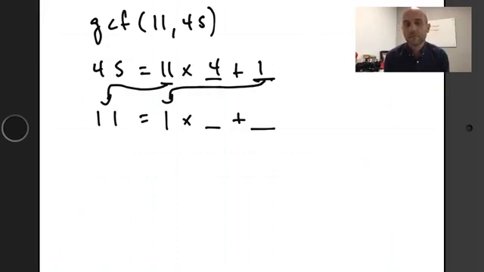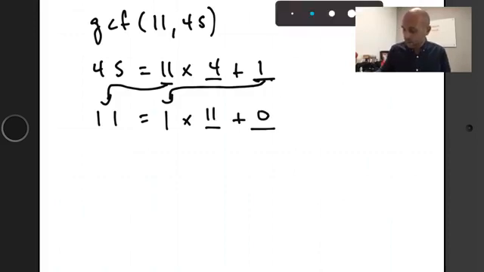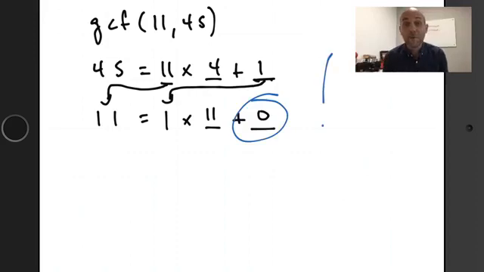But even though it's kind of weird, it's actually not that bad, right? 11 is equal to 1 times 11 plus 0. Remember, we're all excited because we got the 0 that we wanted, so that's good. And remember that this number here represents your GCF of these two. Okay? And that's 1.